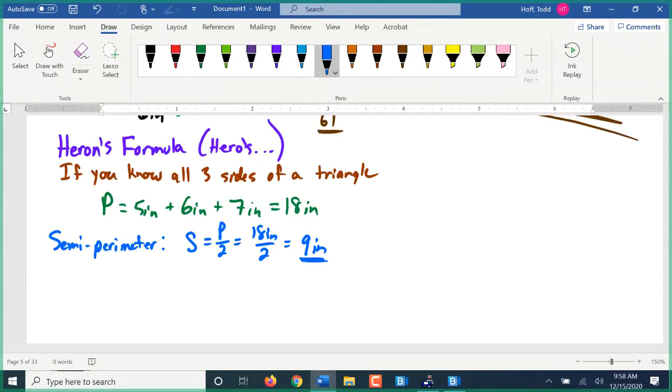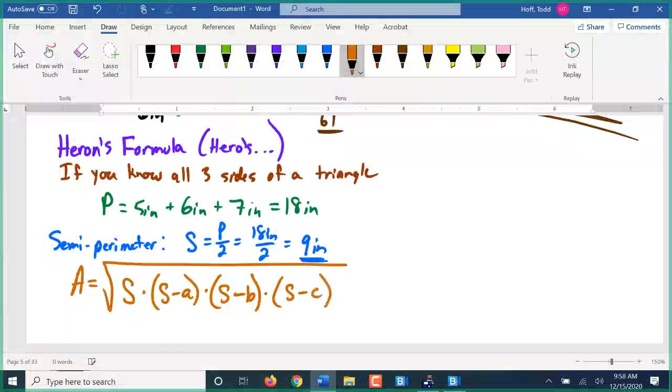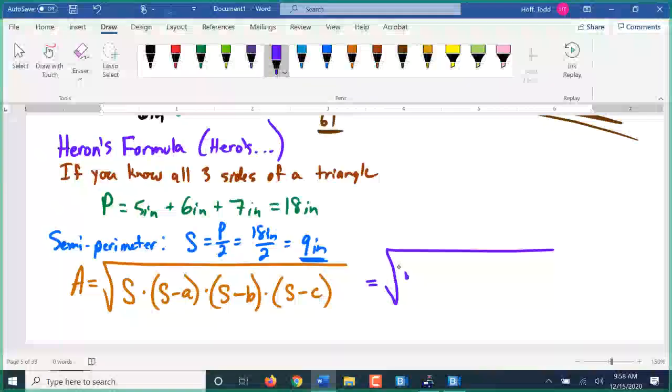Heron's formula then states that the area of a triangle is equal to the square root of the semi-perimeter times the semi-perimeter minus side A times the semi-perimeter minus side B times the semi-perimeter minus side C. Now, I usually label my triangle A, B, and C from smallest to largest just to make it easier to keep track of. So here my semi-perimeter is 9.